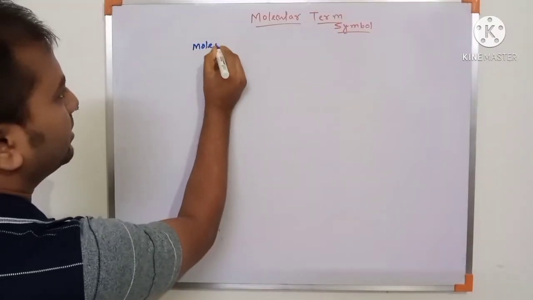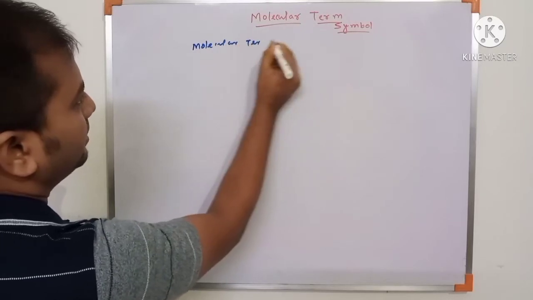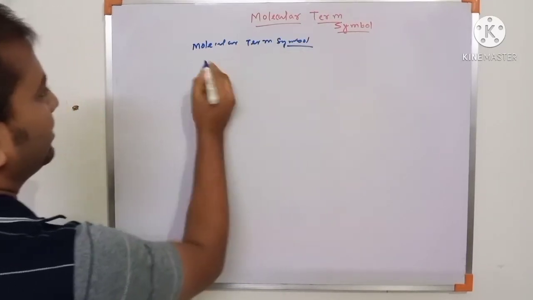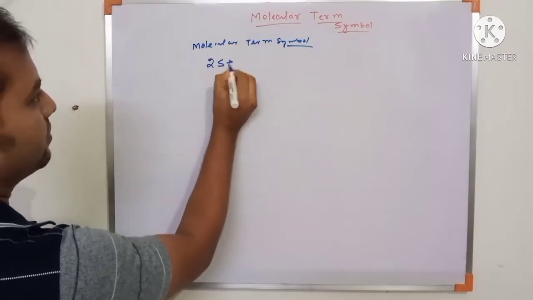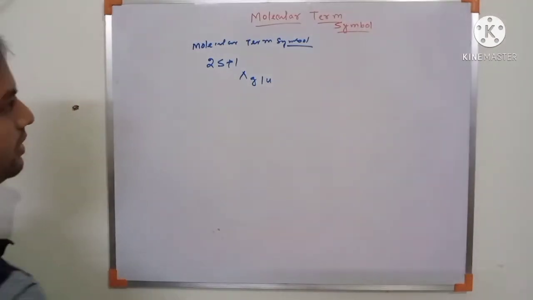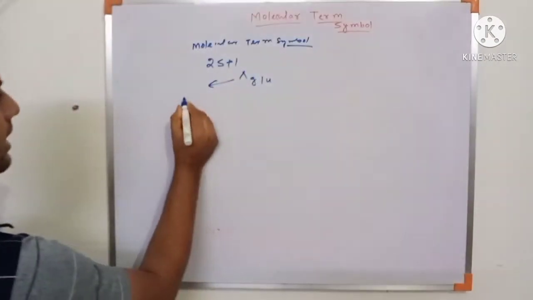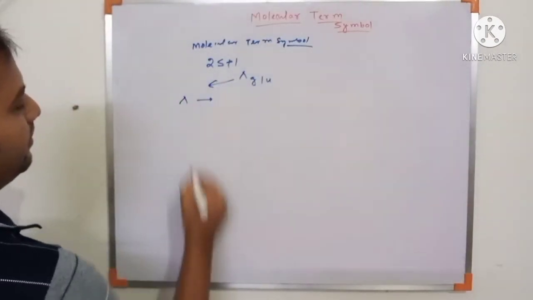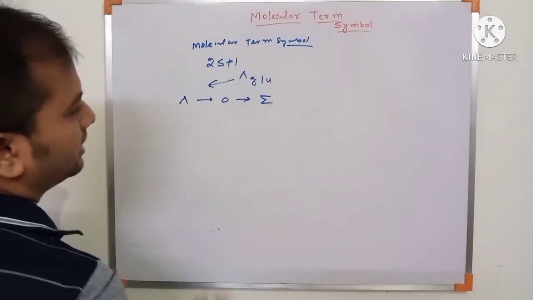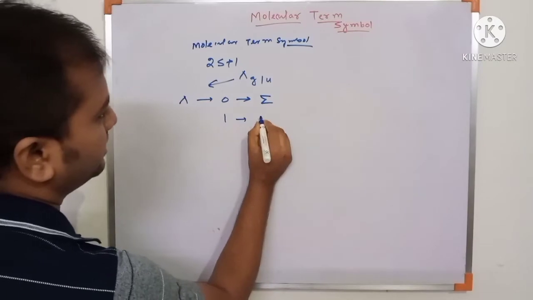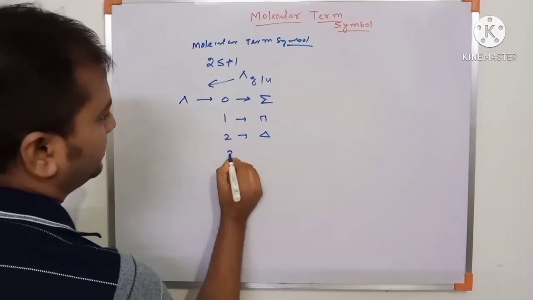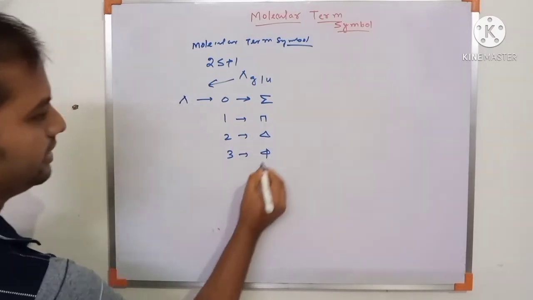Molecular term symbol. The formula is 2S plus 1 lambda g or u, where lambda value 0 is sigma, lambda value 1 is pi, 2 is delta, and 3 is phi.